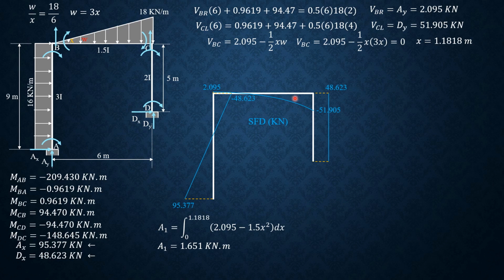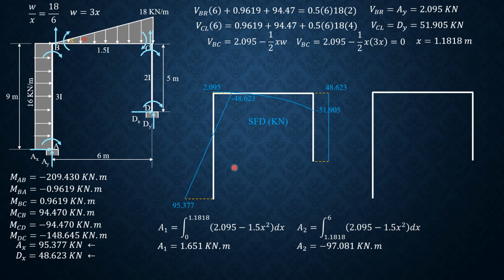Area 2, on the other hand, is the integral from 1.1818 to 6 of 2.095 minus 1.5 x squared dx, and area 2 is equal to negative 97.081 kilonewton meter.